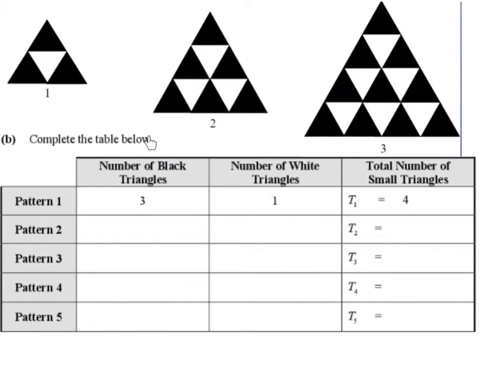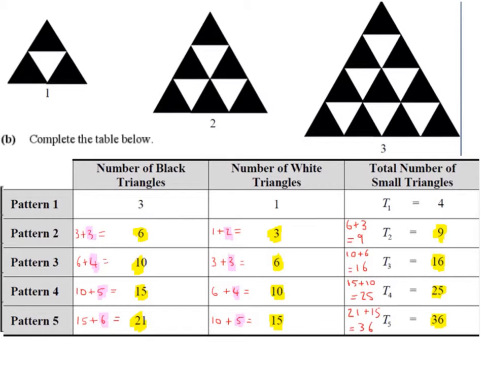So part B, complete the table. We need to fill in the number of black triangles, the number of white triangles, and then the total number of triangles. Okay, so in the first term, we have 1, 2, 3 black triangles, and that's already given to us, and 1 white triangle in the center.